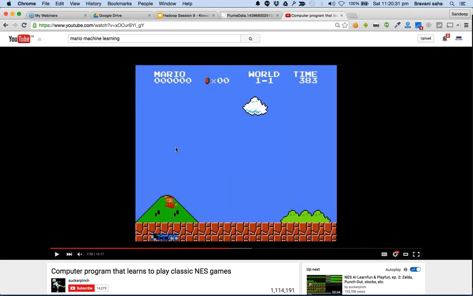Now the computer is getting the feedback immediately whether its score is increasing or not.